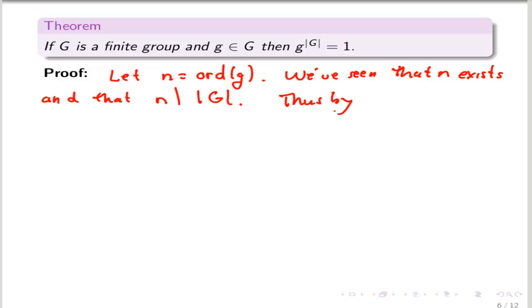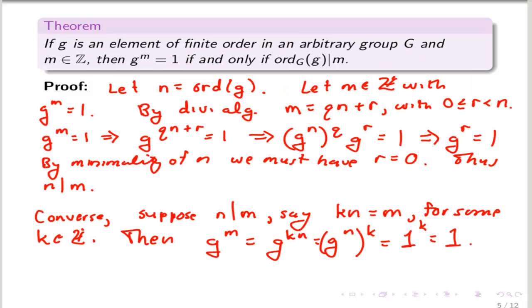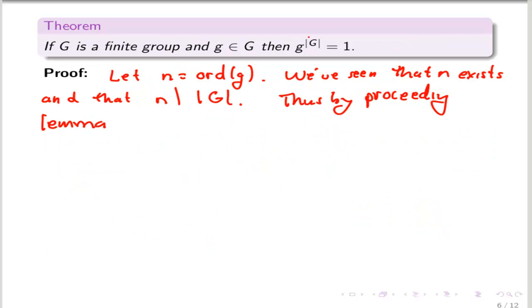Thus, by the preceding lemma, let's double check that that was, yeah, this is the lemma that tells us when you get the identity. You get the identity if the order of the element is a divisor of the exponent. And in this problem, the exponent is the order of capital G.